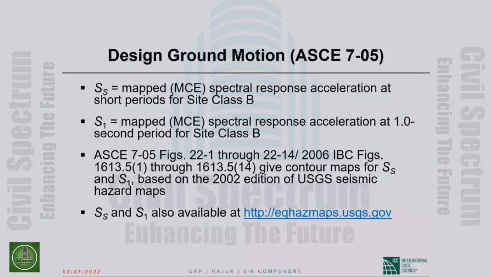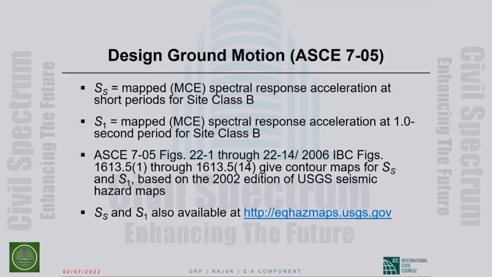Spectral response acceleration, which I said is directly related to base shear at short periods, does not say specifically at 0.2 second period, but that's what it amounts to. Whenever you see short periods, it is specifically a period of 0.2 second. There is a reason why the language is this way, but I won't go there.